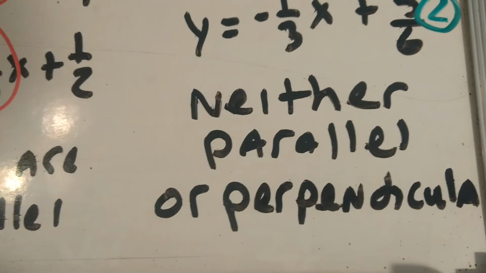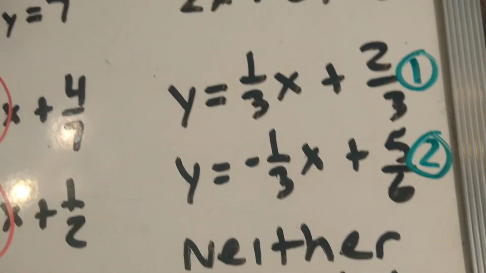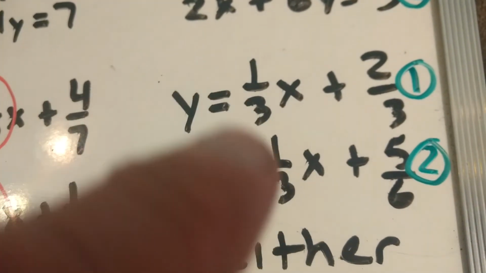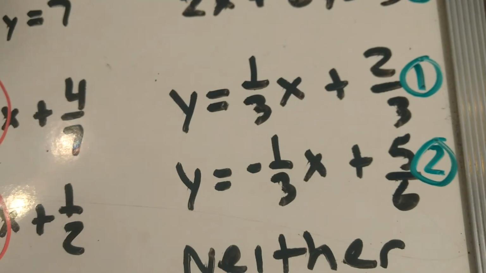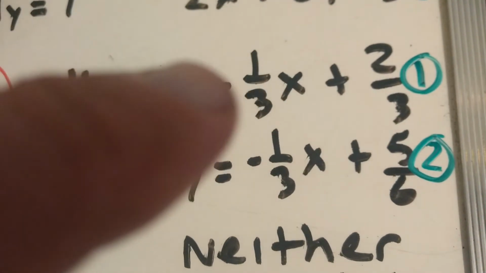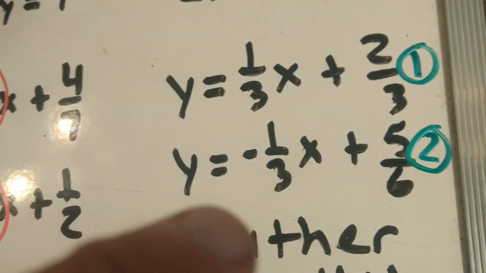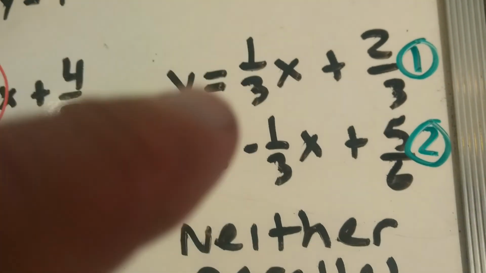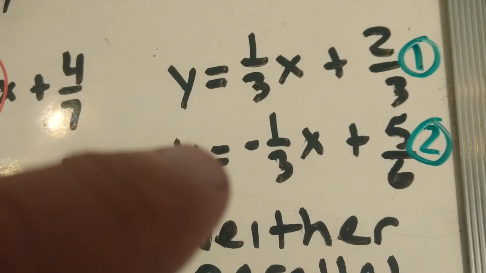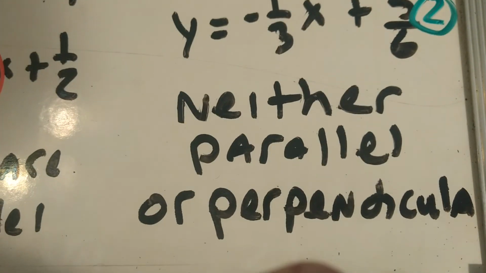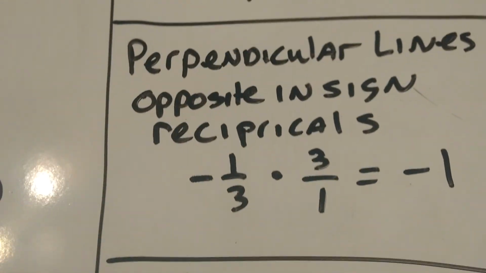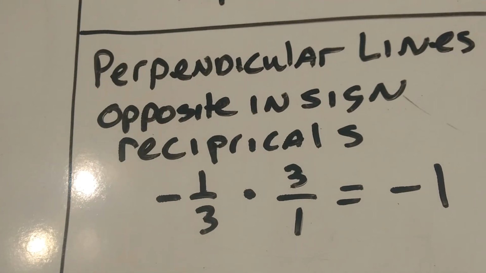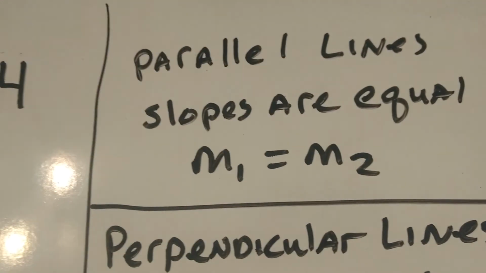These equations are neither parallel nor perpendicular. First of all, even though they're the same number, they're not the same sign, so they're not the same slopes, so they can't be parallel. Even though this is opposite sign, this is positive, this is negative, they're not reciprocals of each other. And if we were to multiply this, we get -1/9, so they're not perpendicular either. Very, very important question. Understanding the relationship of slopes of perpendicular lines and slopes of parallel lines.